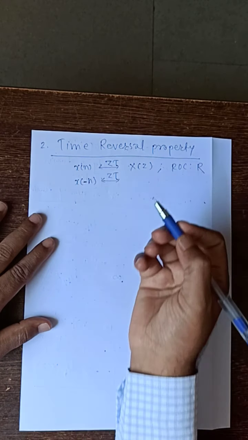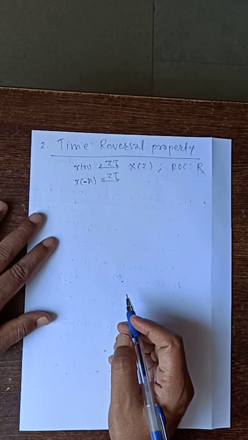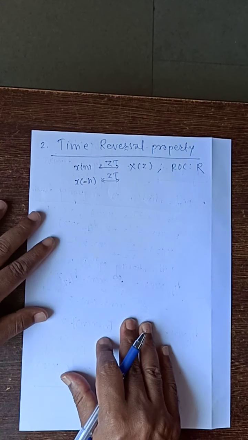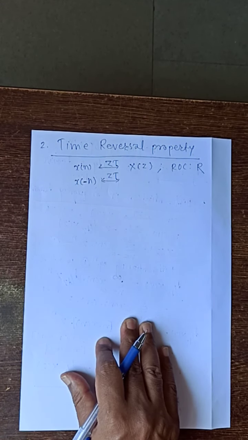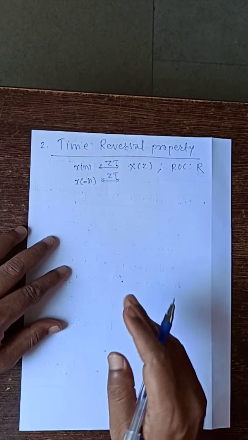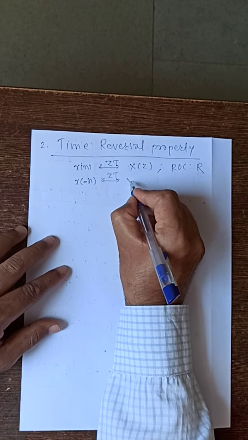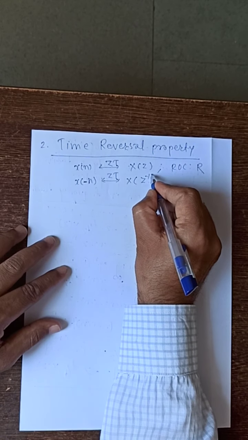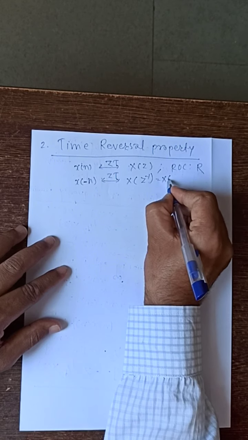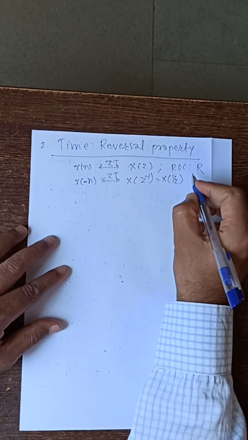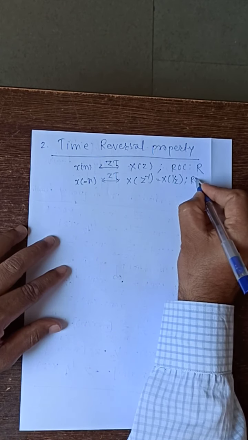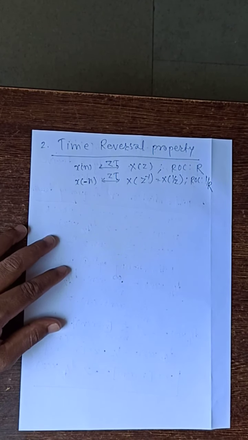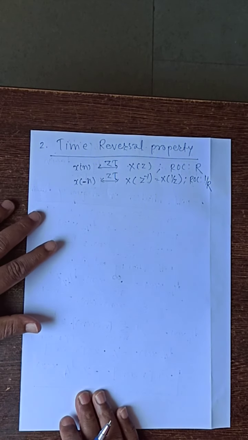So if positive is made negative, then its Z transform is equal to X(z raised to minus 1), or X(1 by z), and its ROC is equal to 1 by R. Very, very important.